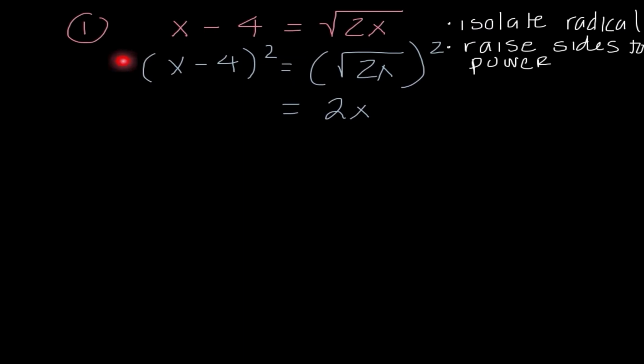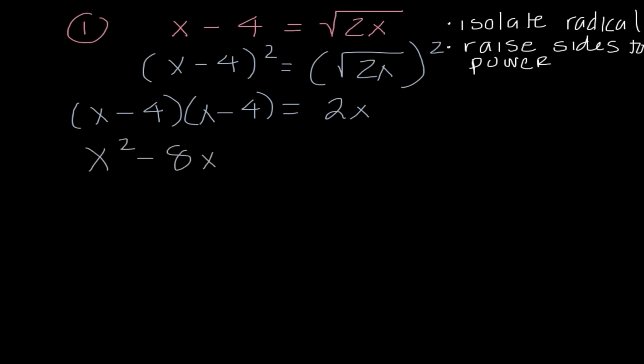But this can become a little bit tricky because when I'm squaring a binomial, I actually need to FOIL that out. And that's probably the biggest mistake that people make on a problem like this. So when I FOIL, I get x squared minus 8x plus 16 equals 2x. All of a sudden, I have a quadratic equation. So I'm going to try and solve this by factoring.